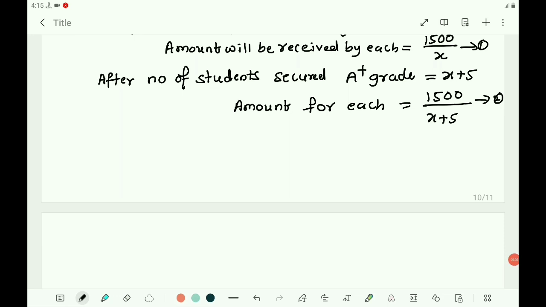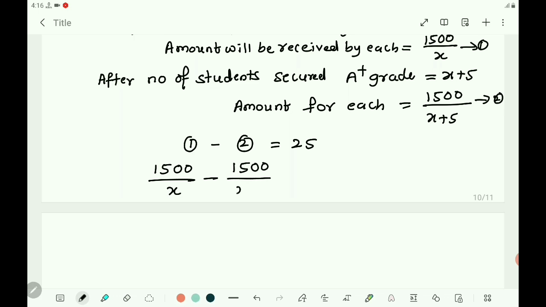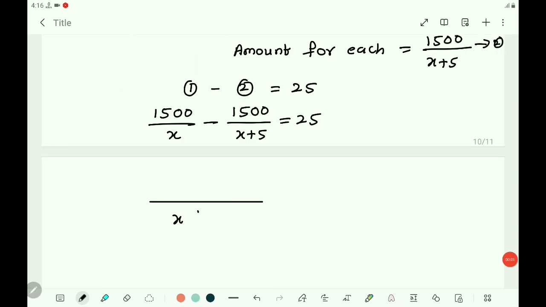Amount decreases by 25 rupees, that is first minus second equals 25. First one is 1500 by x minus second is 1500 by x plus 5 equals 25. LCM is x into x plus 5, and the numerator becomes 1500 into x plus 5 minus 1500x equals 25.